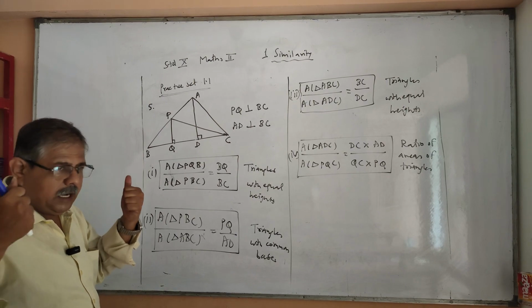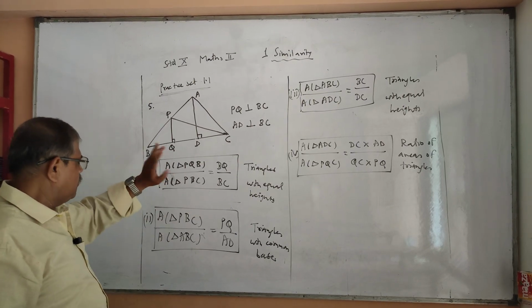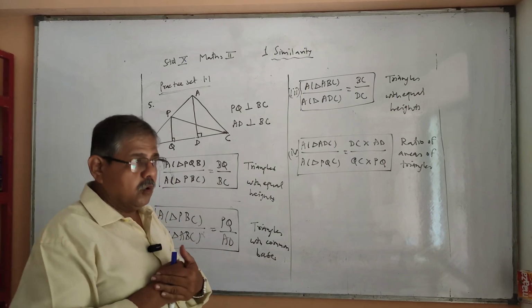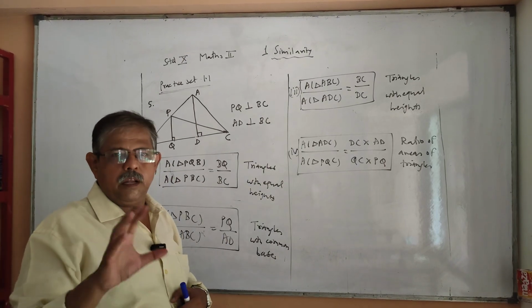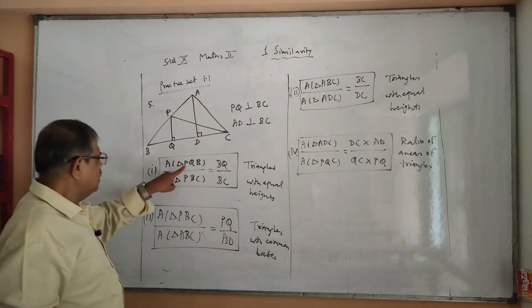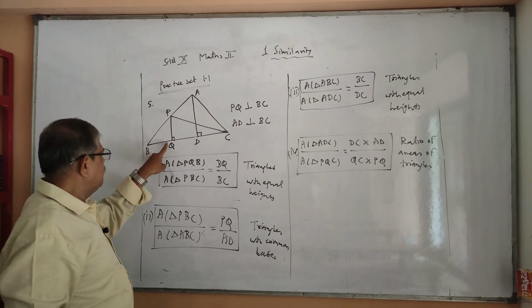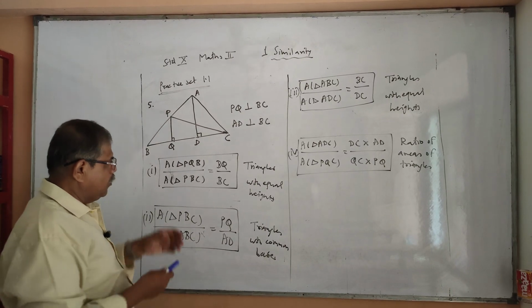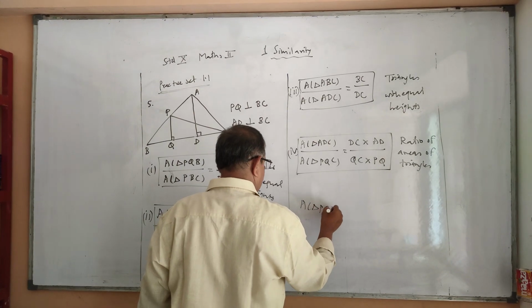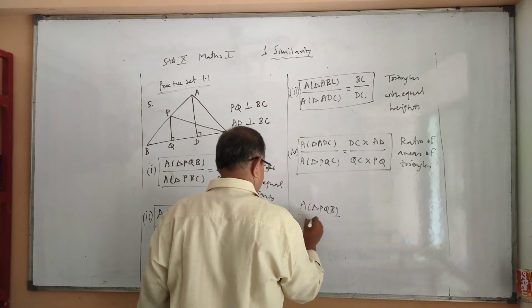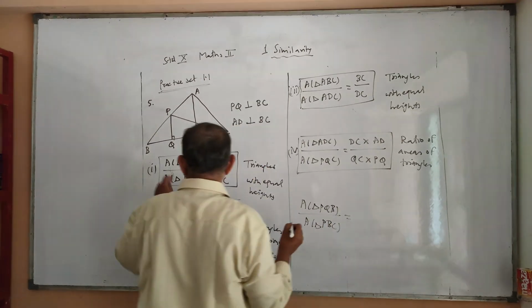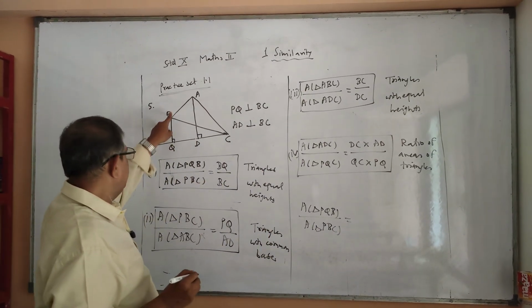Suppose you don't understand common height. Suppose some student doesn't understand what to do, but you know the property: ratio is base into height upon base into height. So for example, for PQB, base is what? BQ, height is PQ. I am just showing you: area of triangle PQB upon area of triangle PBC. I am taking the first again. So what is the base of the triangle PQB?